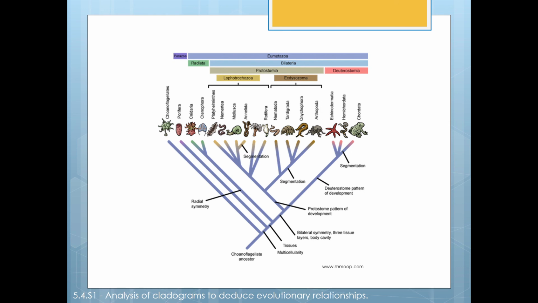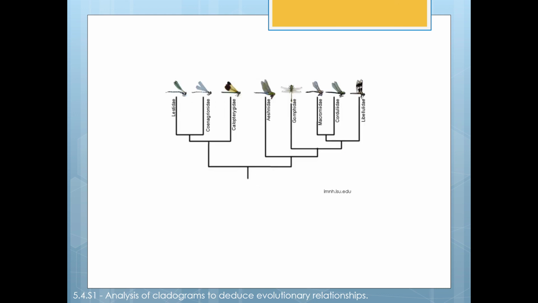And cladograms can represent huge groups of creatures. Here we've got all metazoa, which is a really huge group of very different animals. While we can also produce a cladogram for a very small group of creatures, like here for dragonflies and different subgroups of dragonflies.